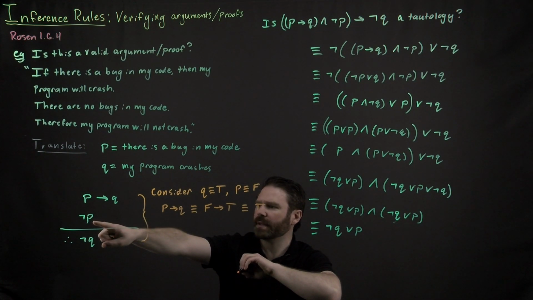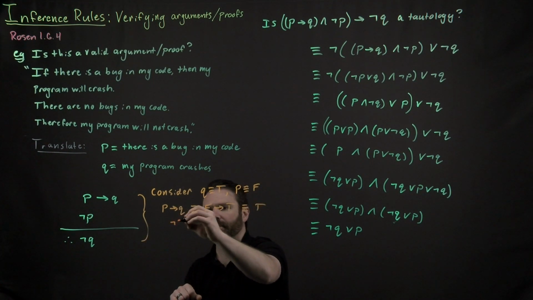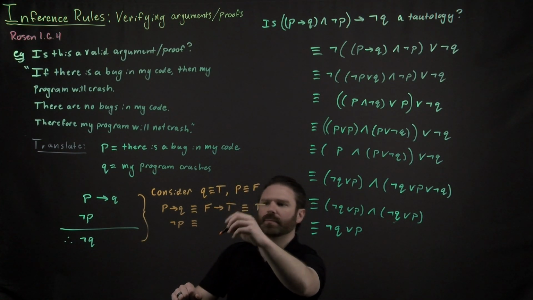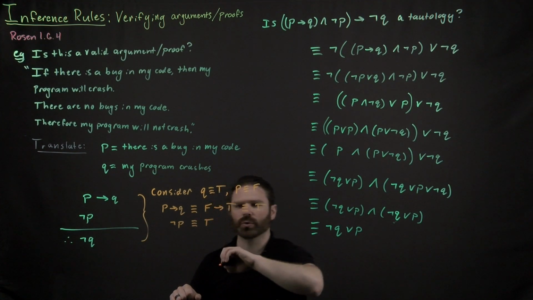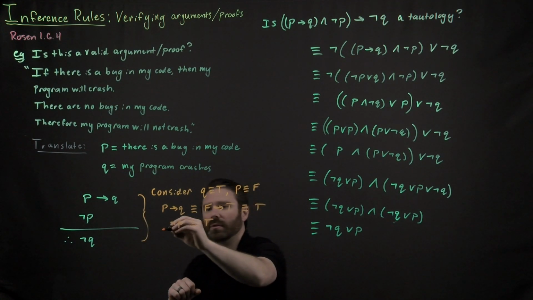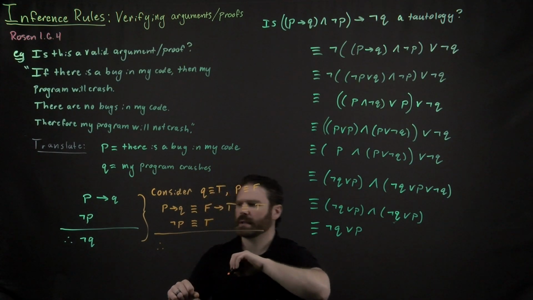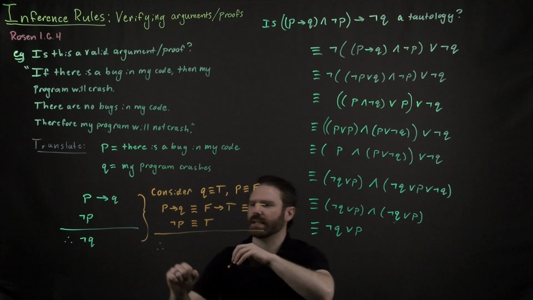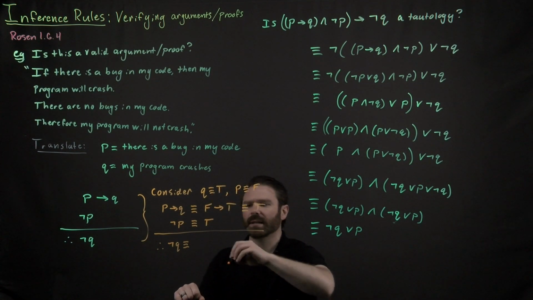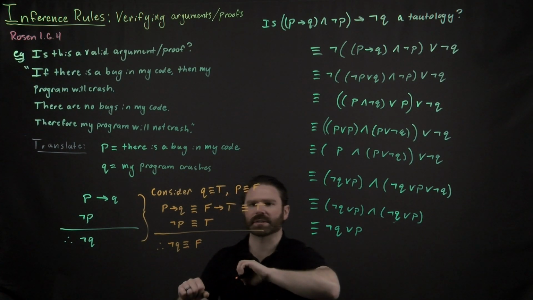And my second hypothesis, not P, well, in this particular example, that would be a true right there. So both of my hypotheses are true in this example. And I'm trying to claim not Q.